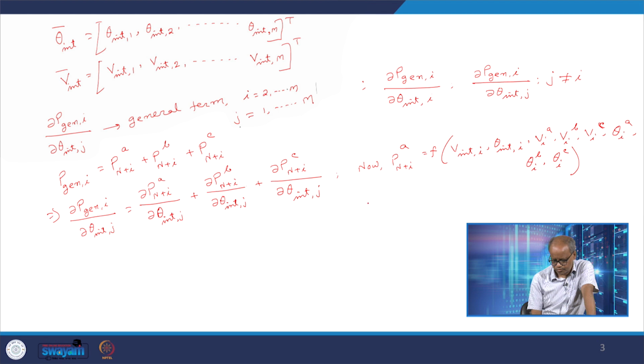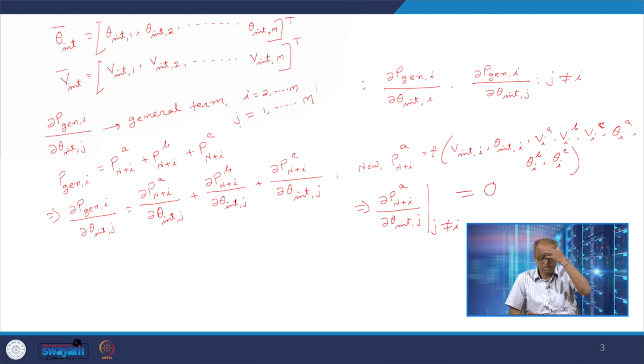So then therefore del P n plus Ia by del theta internal j when j is not equal to I would be 0, because P n plus Ia is not a function of any other internal bus voltage magnitude and angle.